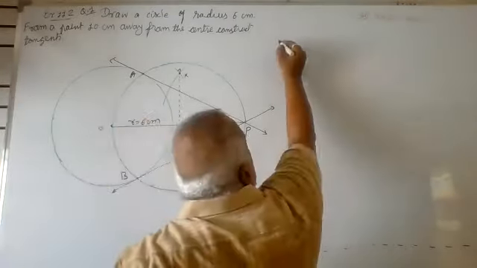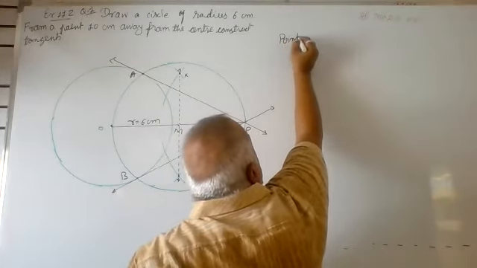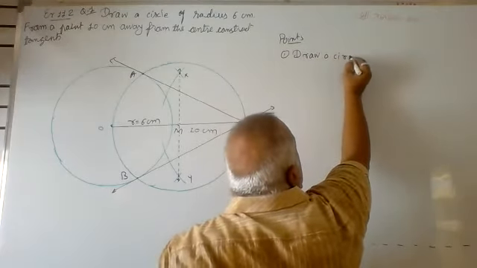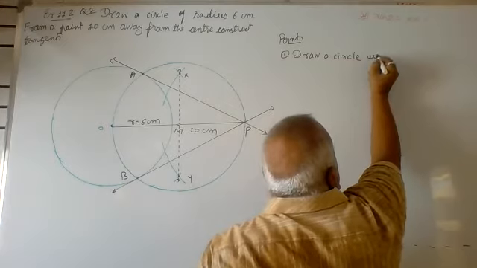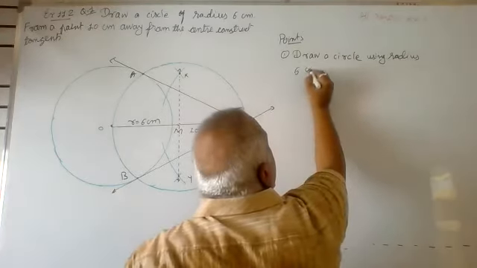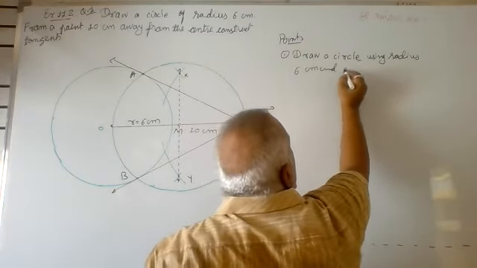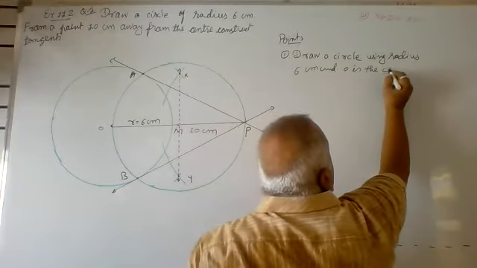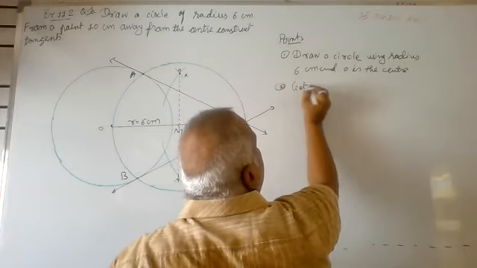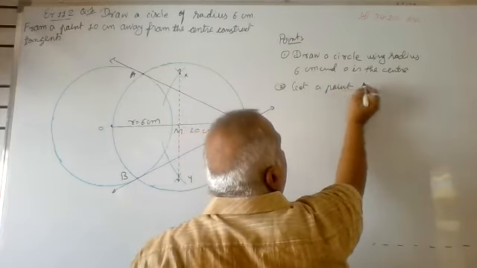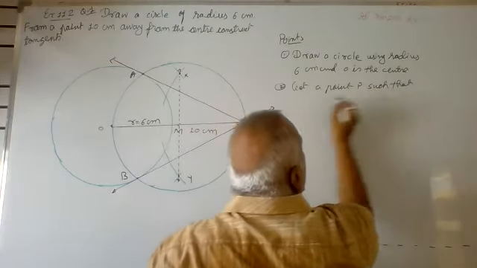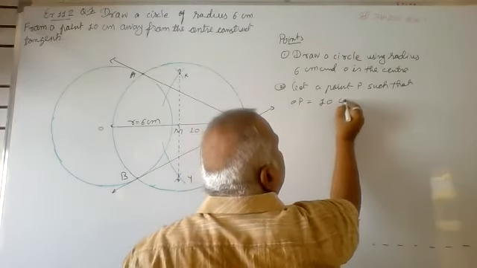Now I will write down the steps. See, here I am writing the steps. Number 1, draw a circle using radius 6 centimeter, and O is the center. Number 2, get a point P such that OP is equal to 10 centimeter.